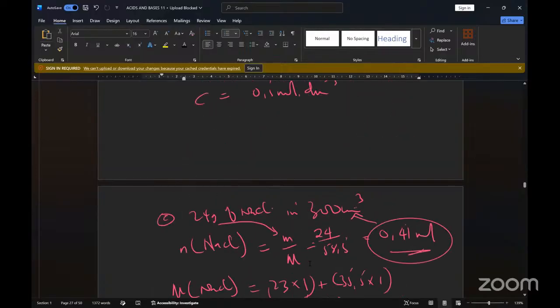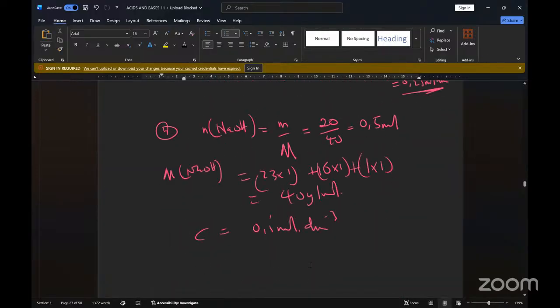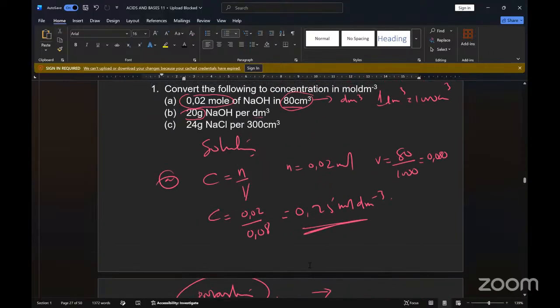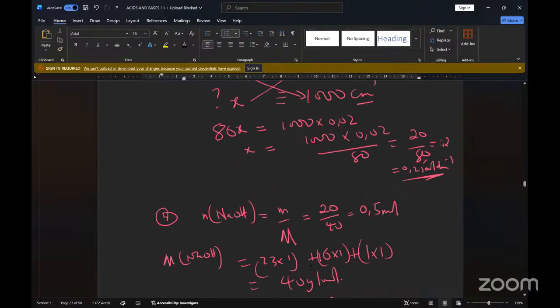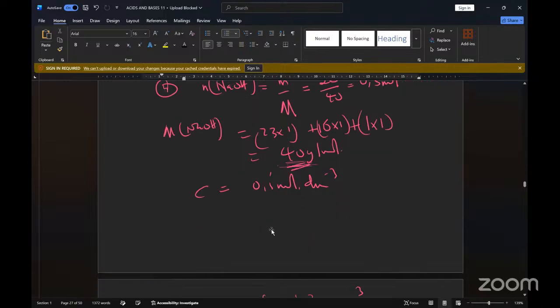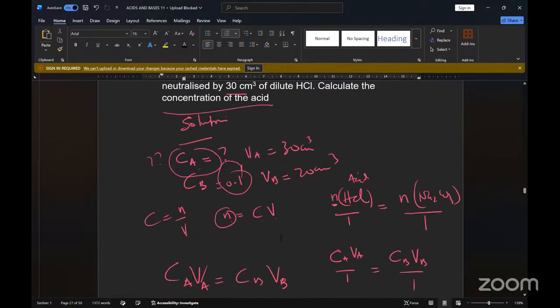If you look here, there was a sodium hydroxide B. Yeah, the molar mass of sodium hydroxide, we calculated it as 40. Of course, you always have to calculate it, but for purposes of this, we know how to calculate, so there's no need to show you that.